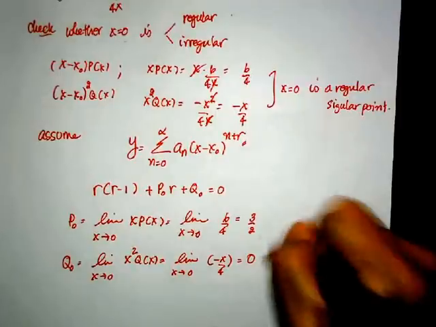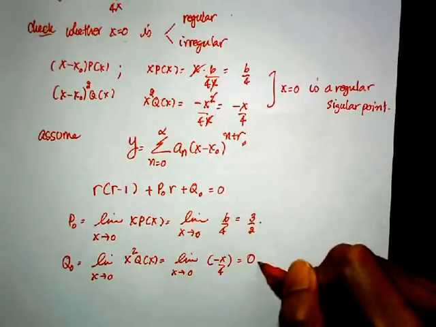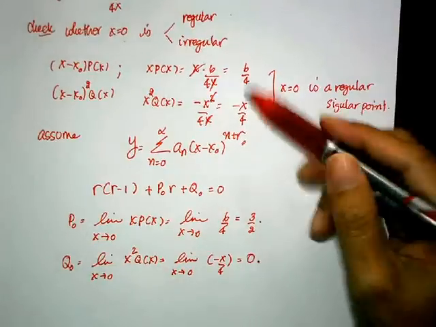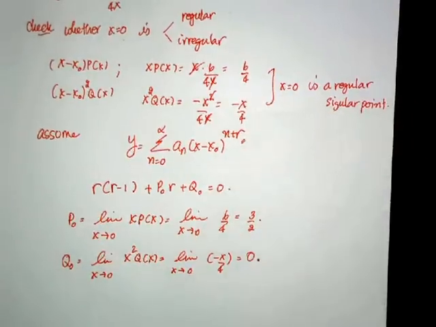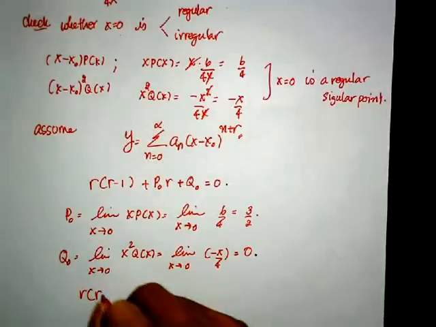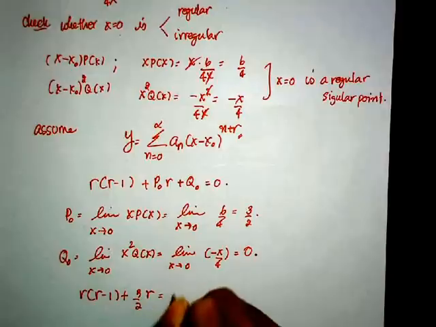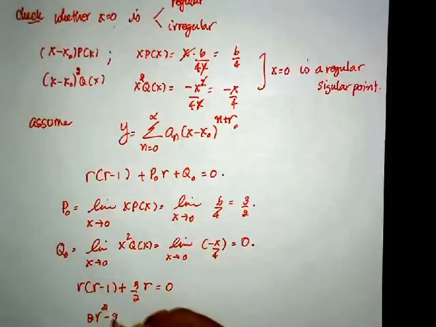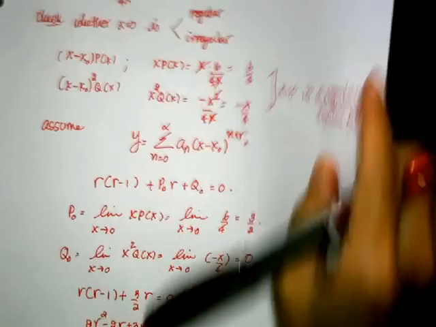Then we plug P0 equal to 3 over 2 and Q0 equal to 0 into the indicial equation, and then find the value of r.